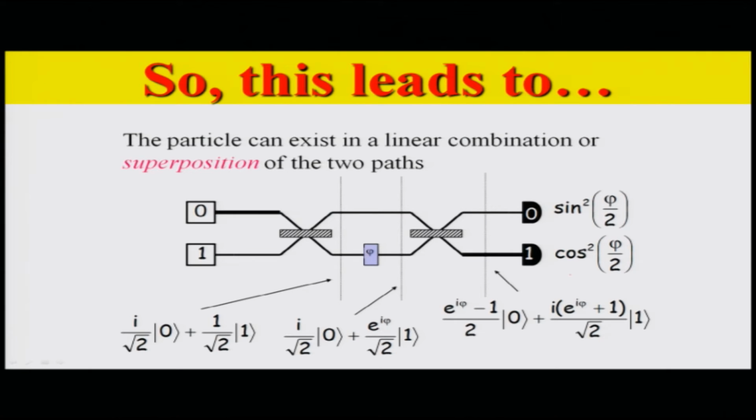This leads to the story that the particle can exist in a linear combination or superposition of the two paths, and that is the most interesting part here, and that is why we can use optical aspects for demonstrating quantum computing and quantum processes that we are discussing here.